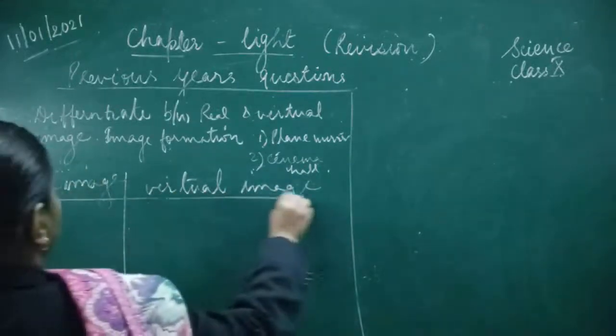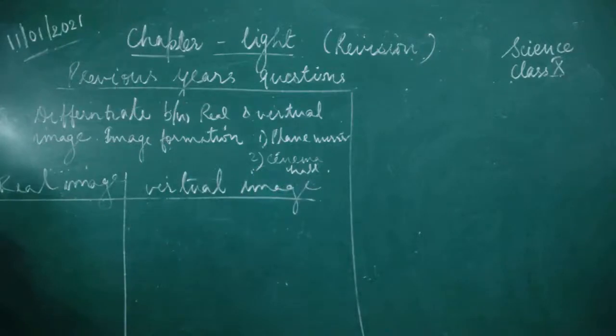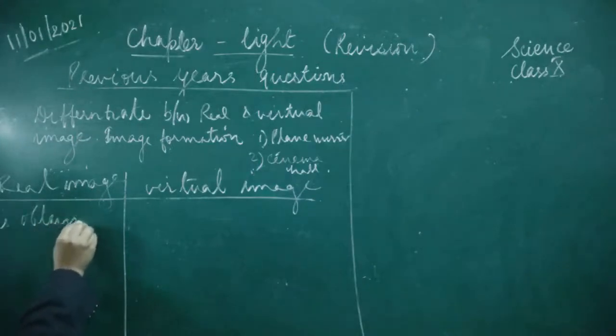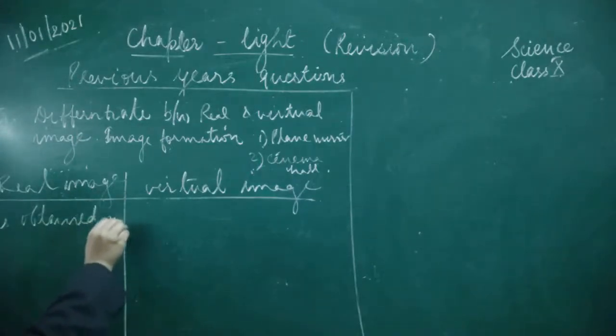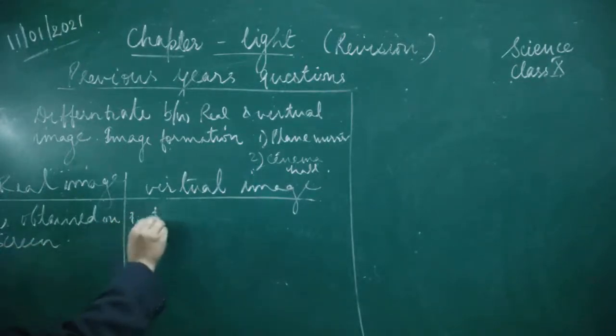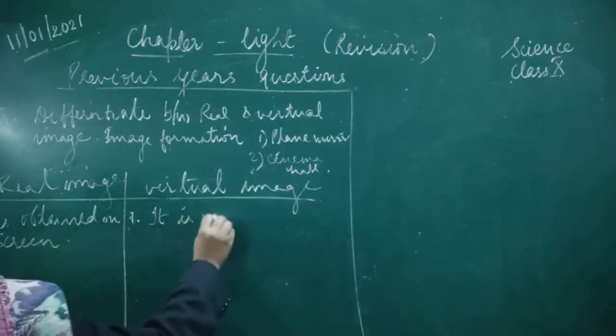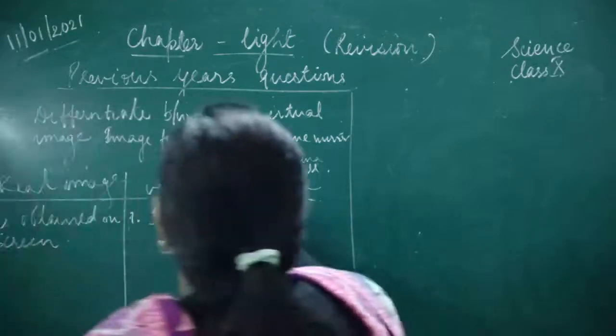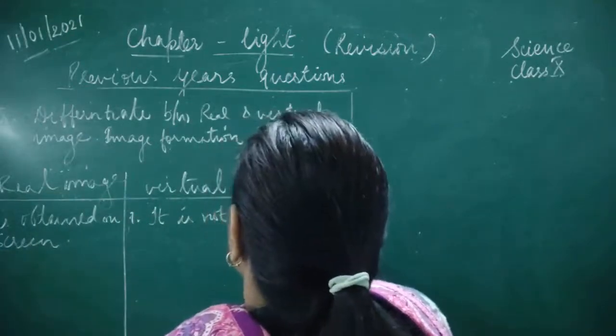Now what will we do? Here on the first point we will write, it is obtained on screen, and on the first point here, it is not obtained on screen.